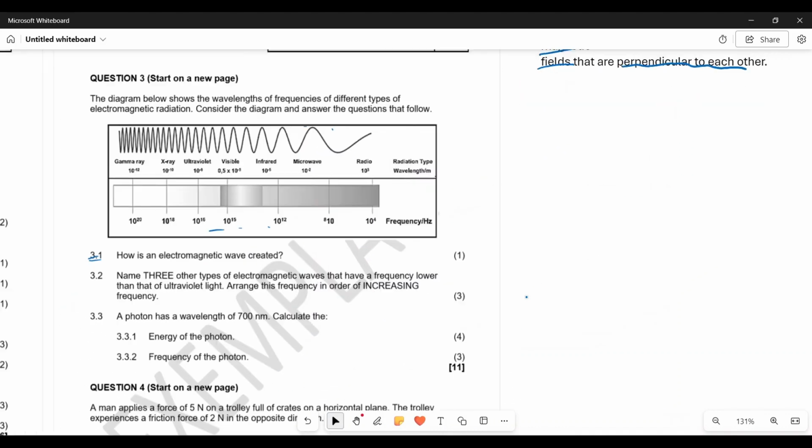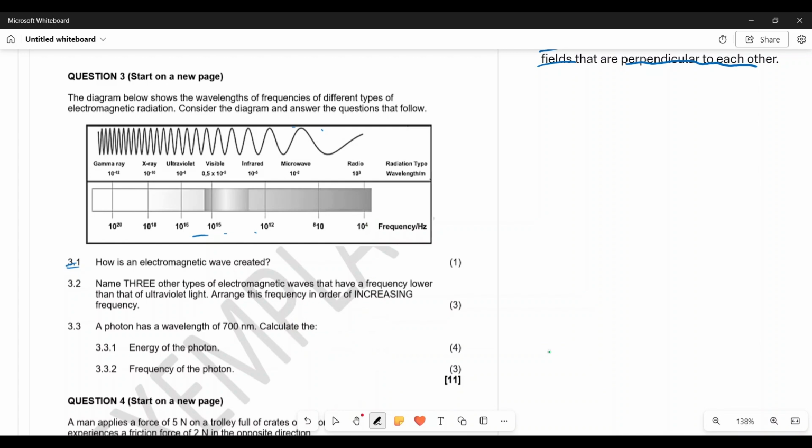Now, 3.2, name 3 other types of electromagnetic waves that have a frequency lower than your ultraviolet light. Let me highlight my ultraviolet light. The question wants me to name 3 other types of electromagnetic waves that have a lower frequency, and I must arrange them in order of increasing frequency.